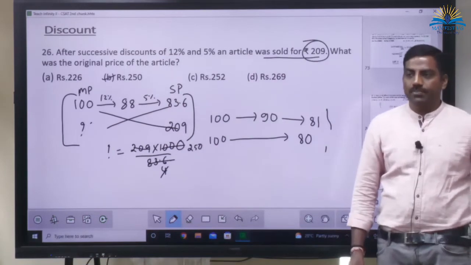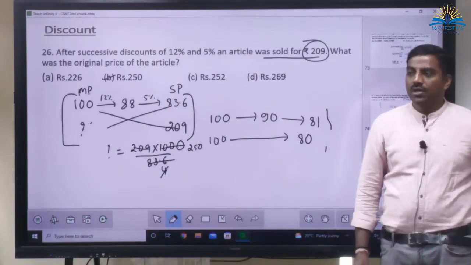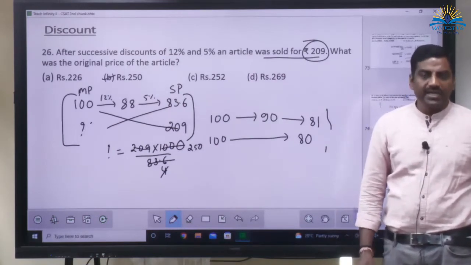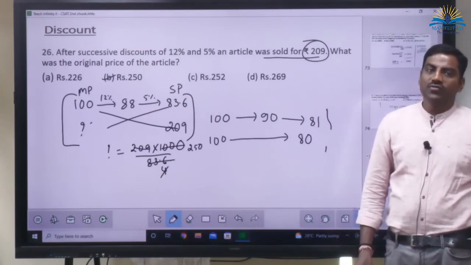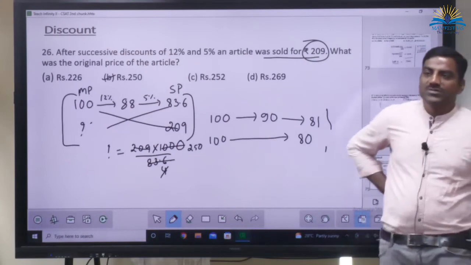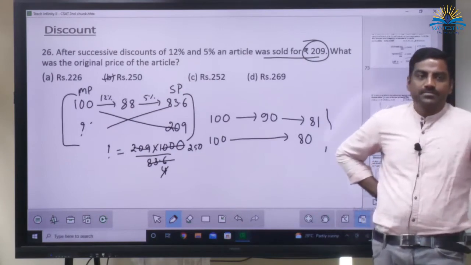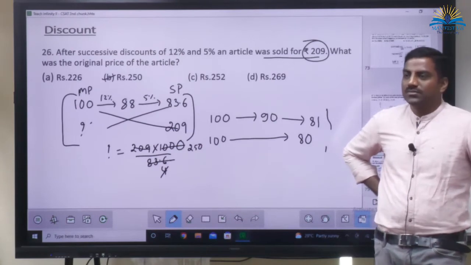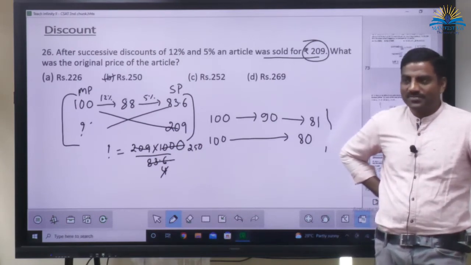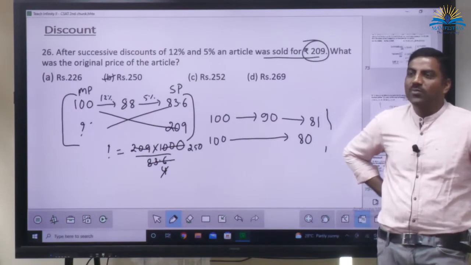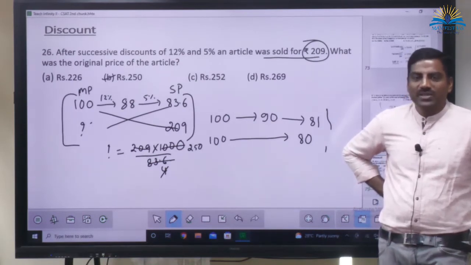Now you can calculate the discount. 250 is the market price. 12% discount on it, how much? 250 into 12%. 10% is 25, no? Another 2%, 5 rupees. 30 rupees is the discount.